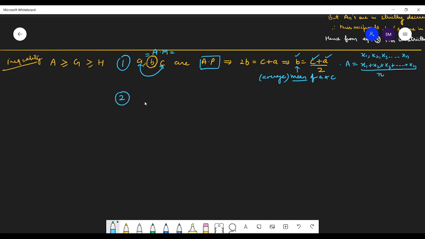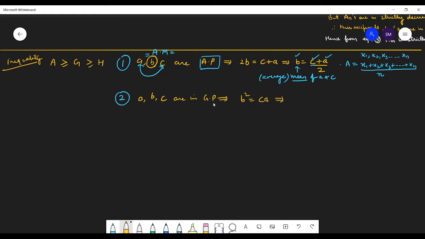Now the second one is, suppose the numbers A, B, C are in GP. You people know that B square is equal to CA.